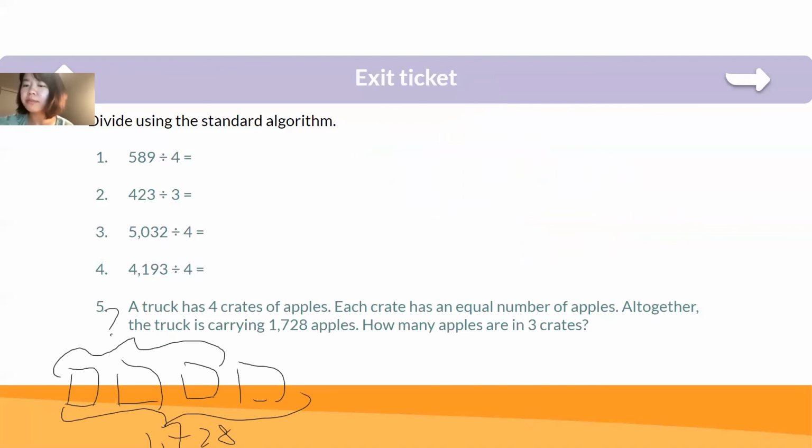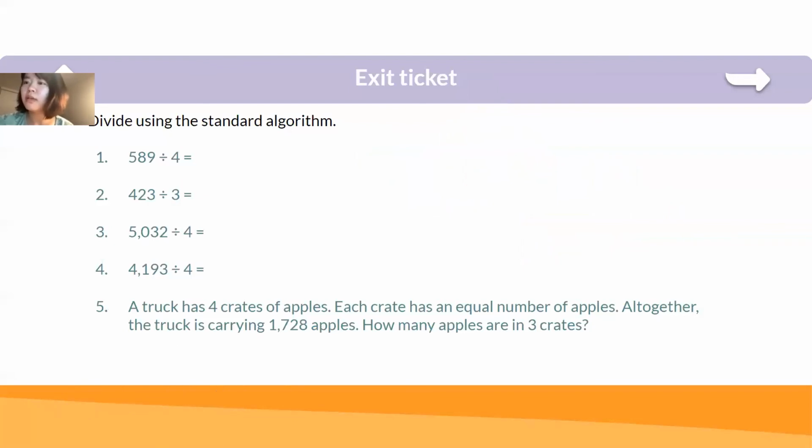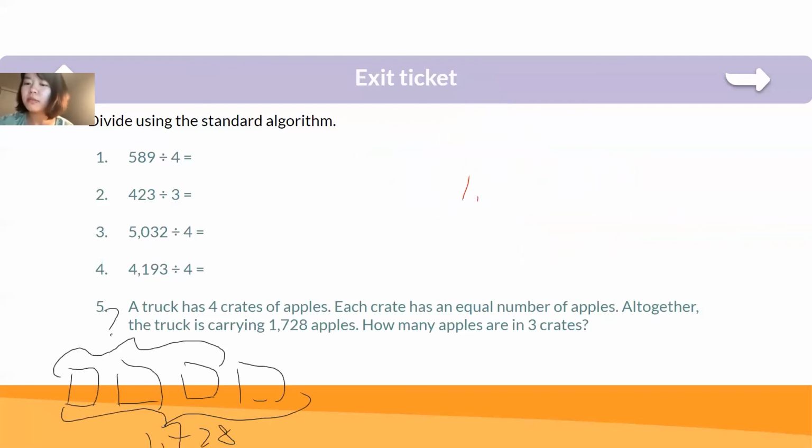Okay, so we're using 1,728 divided by 4, because we have 4 crates.